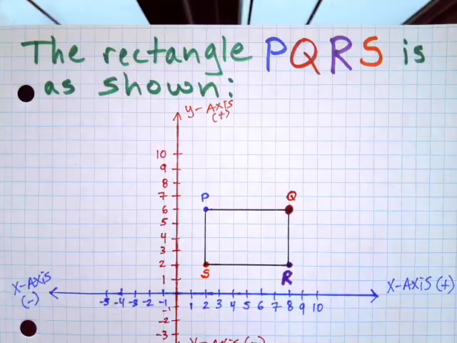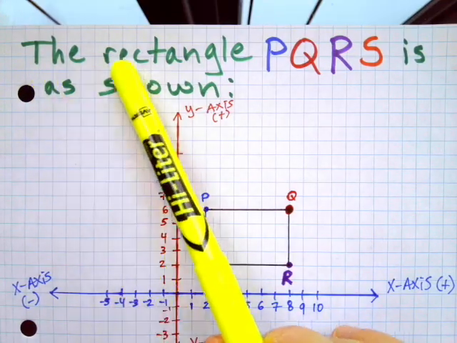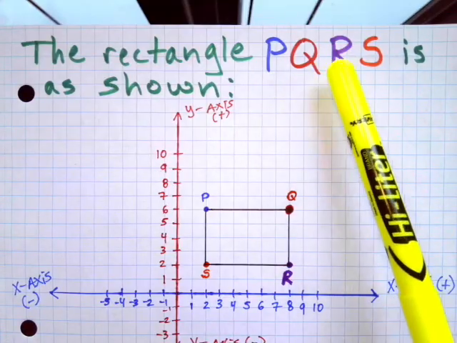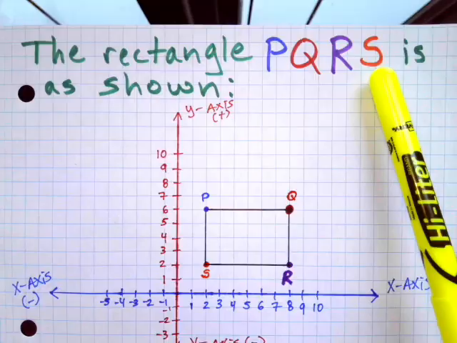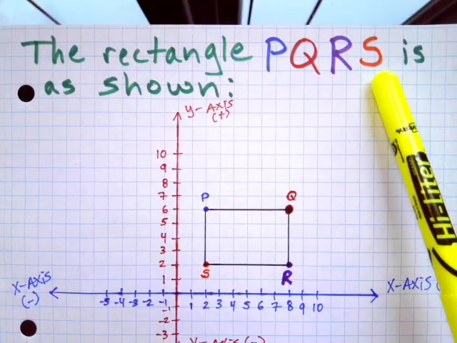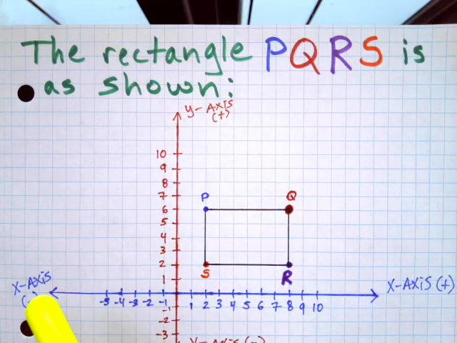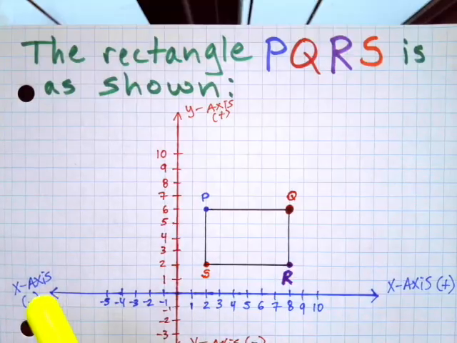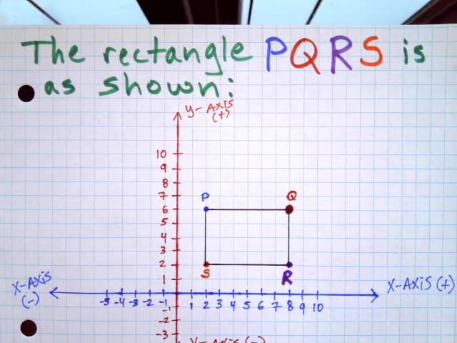In this particular problem, we're going to be finding the distance or length of diagonals. So I'd like you to check out the rectangle P, Q, R, and S. Each letter represents a vertex or ordered pair plot point, shown here below on an X and Y coordinate plane.